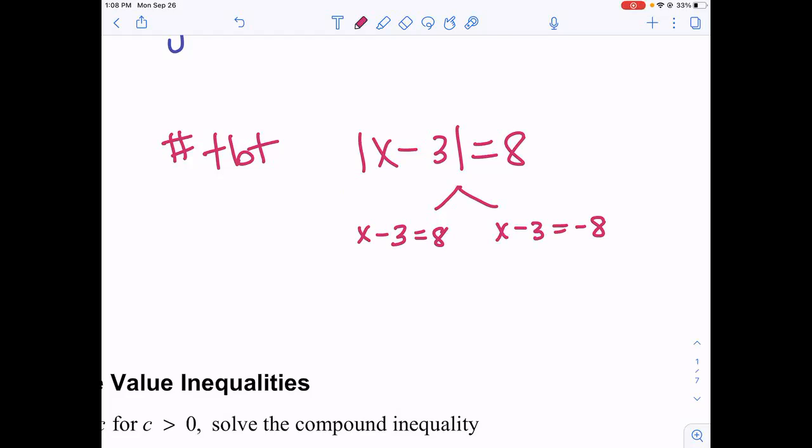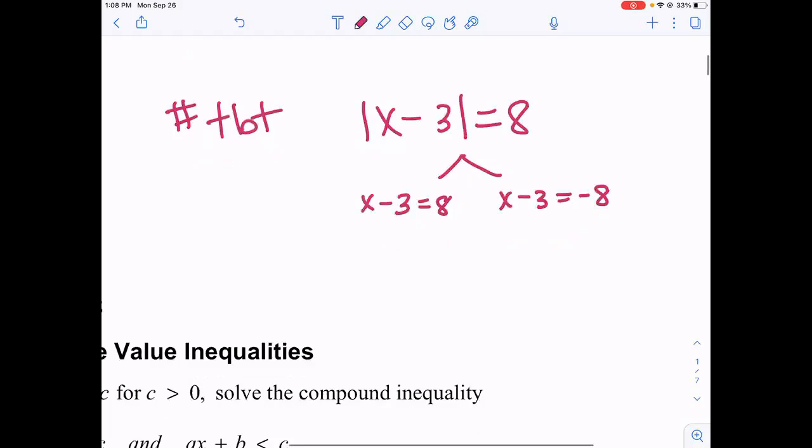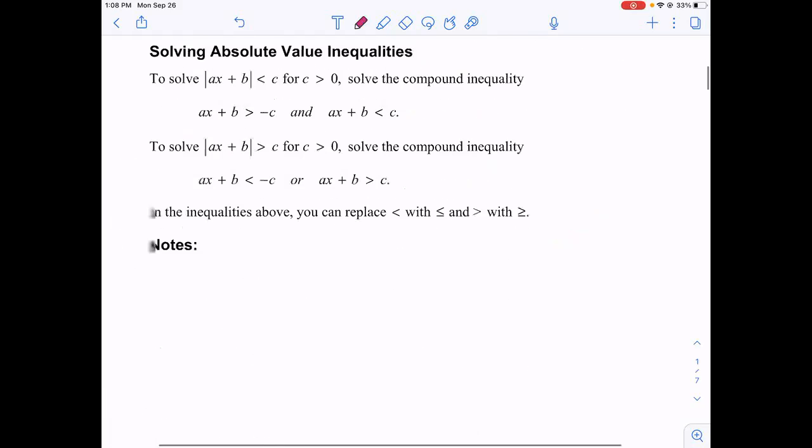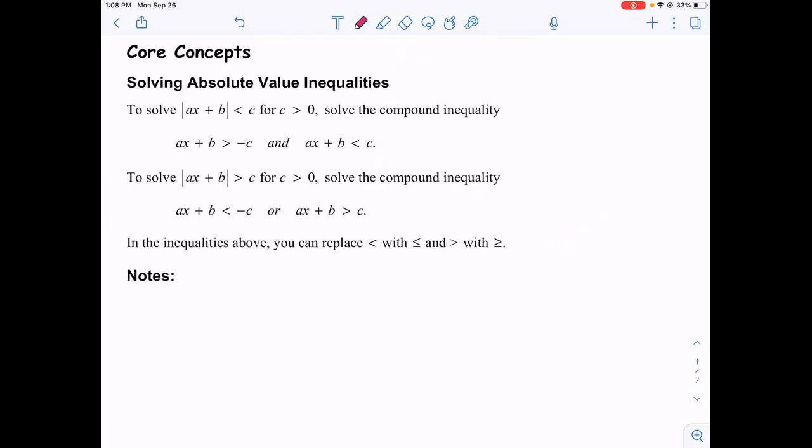So guess what? When we have an inequality with an absolute value, we're going to split it up into 2 inequalities. Here are the rules right here.